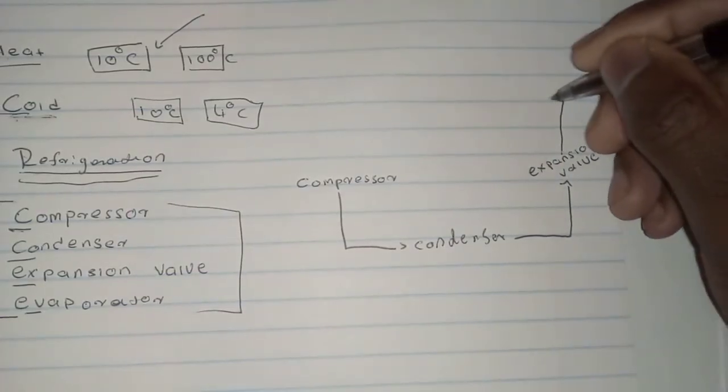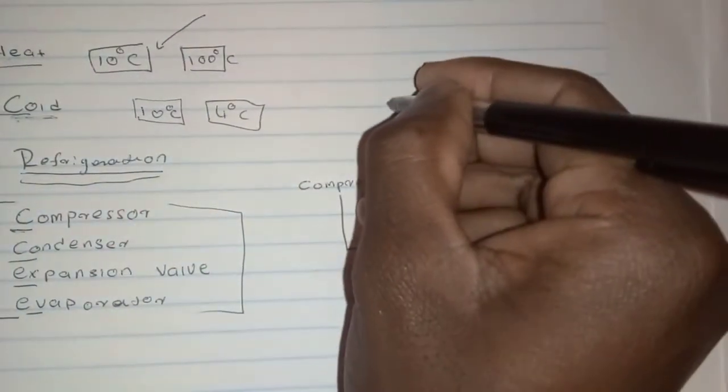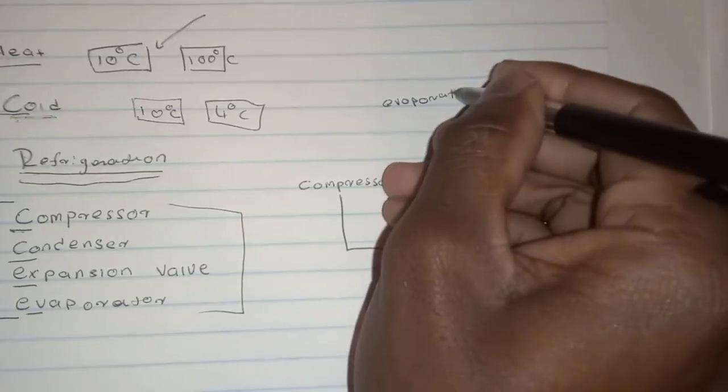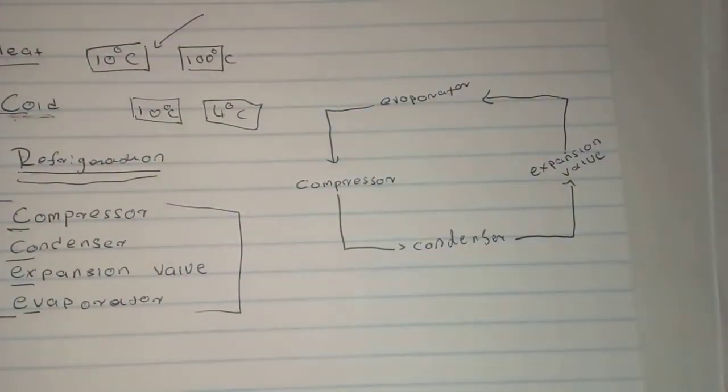Right after the expansion valve, we are going to have what? The evaporator. And then it's back to the compressor. These 4 will be joined together by a pipe or by tubes.